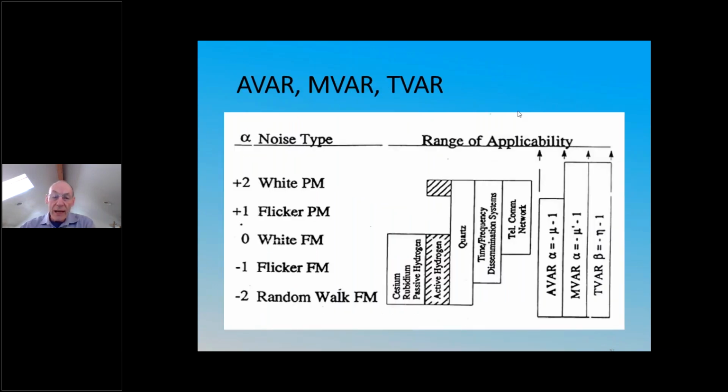So here's the range of applicability for different noise types. A quartz oscillator, you see, exhibits all 5 noise types. If you want to focus on phase noises, like in the telecom network, TDEV is much more useful. ADEV is pretty good for most of the atomic clocks.